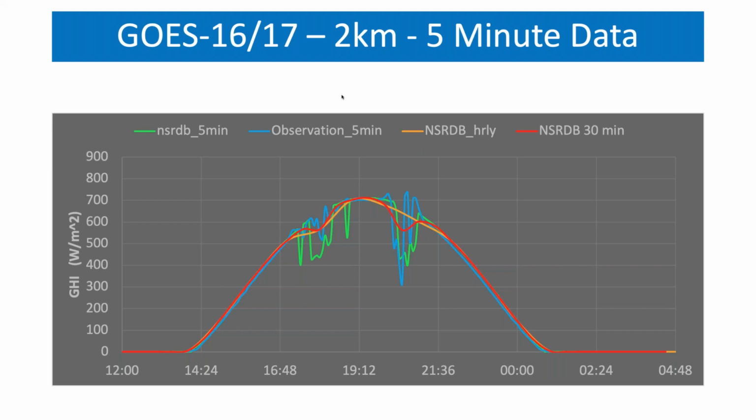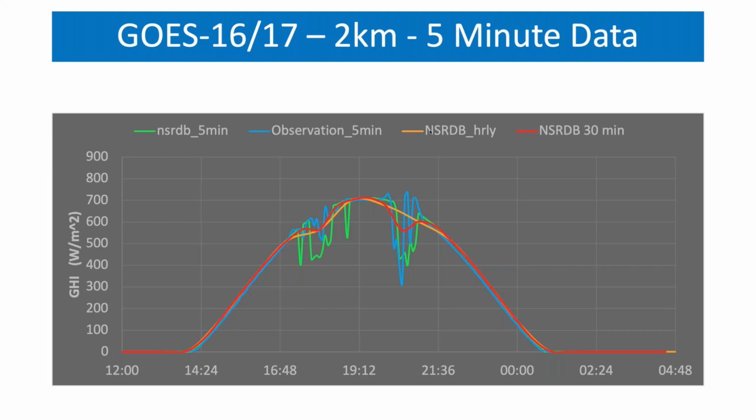The 5-minute data is for the continental United States, while the data for the rest of our domain is available at either 10 or 15 minutes, depending on which year. So 2018 is 15 minutes, and from 2019 it's gone down to 10 minutes.